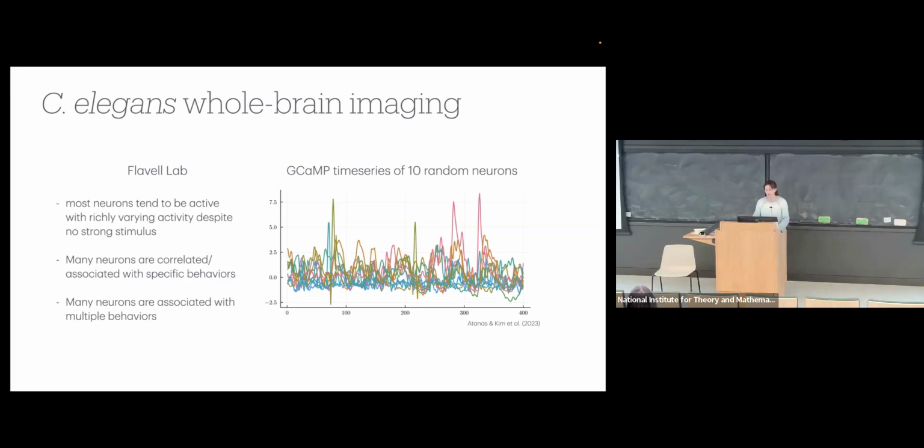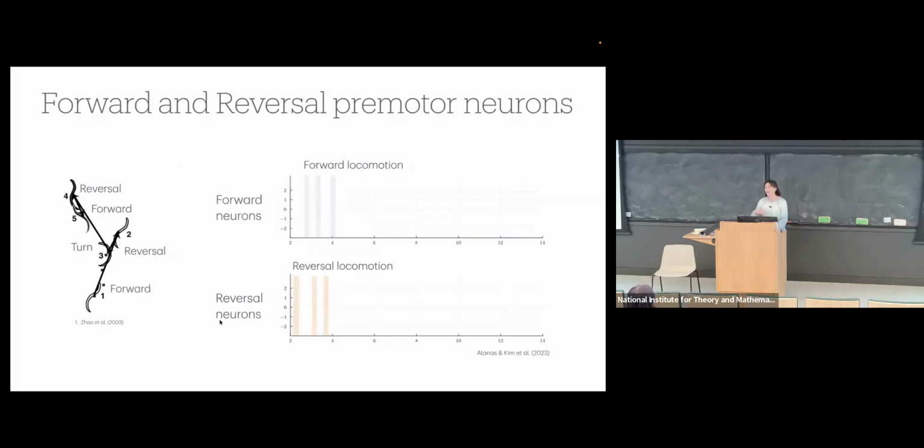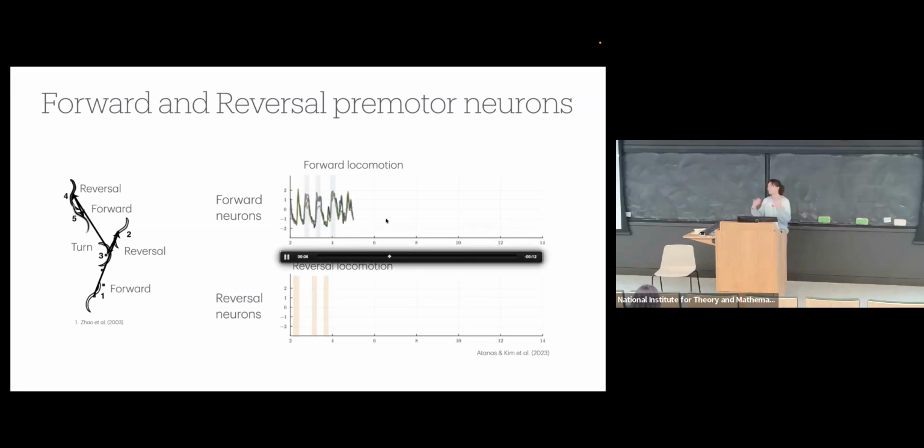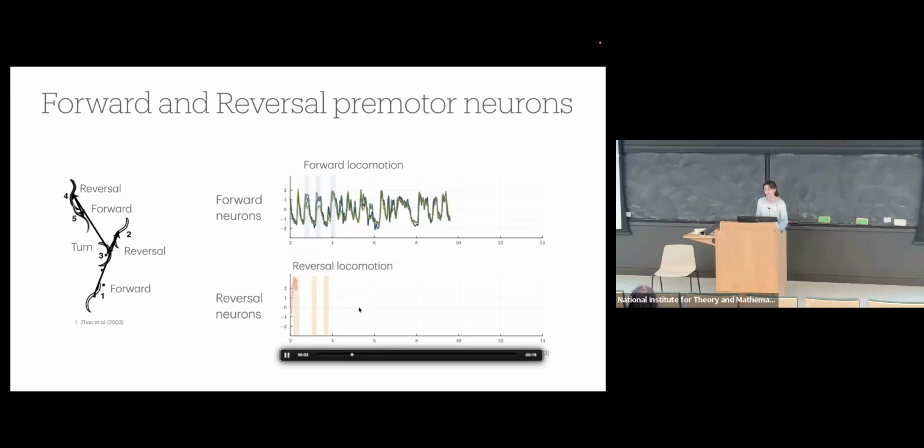Two behaviors where the neuron and behavior association is a little better understood are forward and reversal locomotion. Experimentalists have identified a core set of neurons that, when they're active, the C. elegans will move forward. And when instead these reversal neurons are active, it will swim backwards.